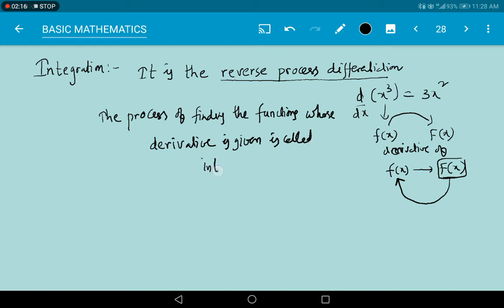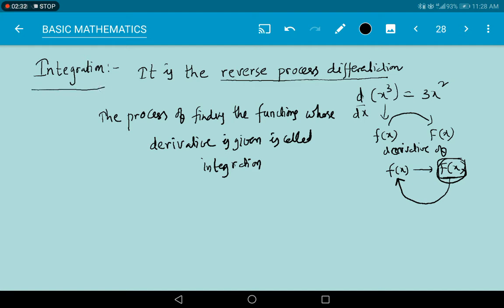This is the actual meaning of integration. So integration is nothing but finding the function from the derivative. Sir, how to find the function from the derivative? How can we represent integration?